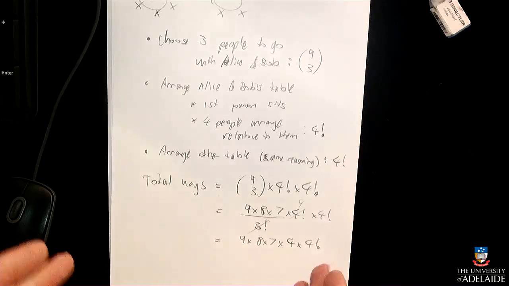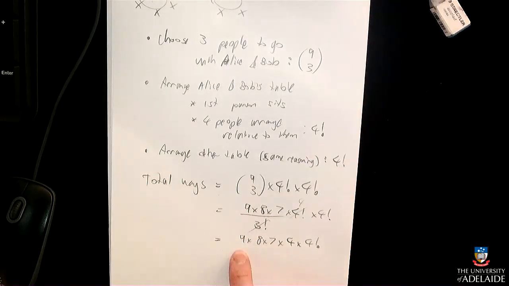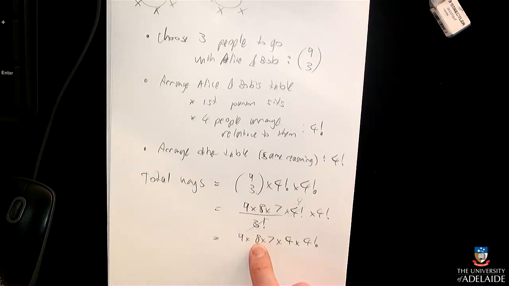I'm sure there's another way of doing this. Because this calculation here tells me that there's probably another way. I could sit Alice down and then choose out of Alice and Bob, and then choose 9 people to go with Alice and 8 people to go. And there's 9 people who can go with Alice and Bob, and 8 people who can go with them, and 7 people who can go with them.